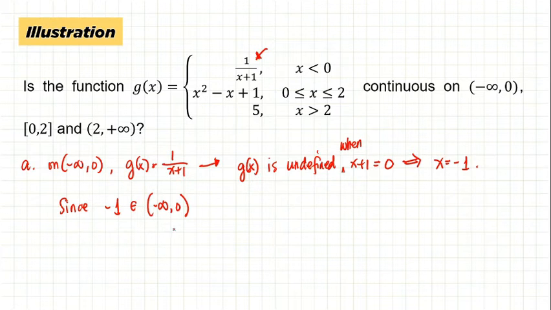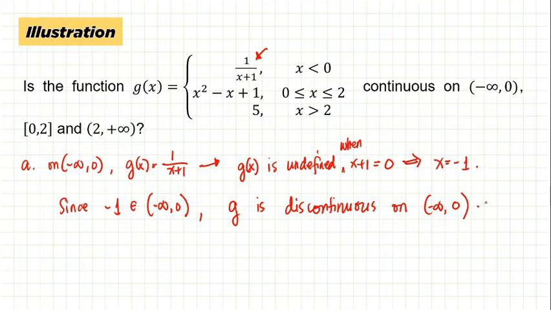So in this case, since we have found one value that will make the function undefined, therefore, we can say that g is discontinuous on negative infinity to 0. Okay, because we have found one value inside the interval that will make the function undefined. So automatically for letter A, it is discontinuous on the given interval, negative infinity to 0.